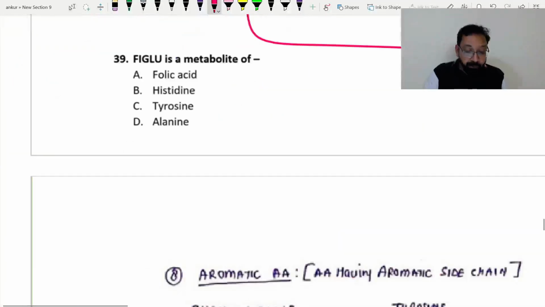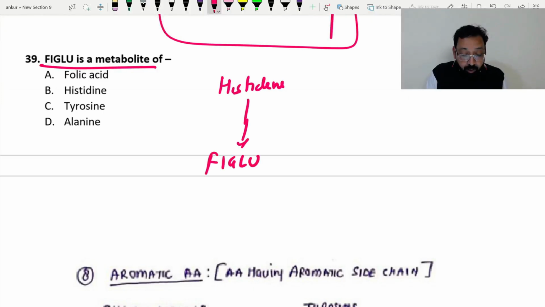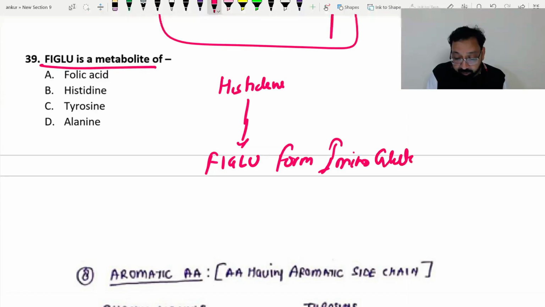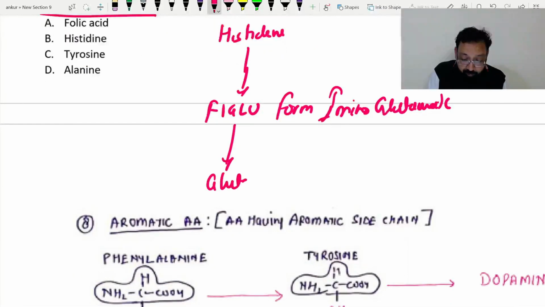FIGLU is a metabolite of histidine. Histidine is metabolized to FIGLU, and FIGLU is converted to glutamate with the help of folic acid, that is, tetrahydrofolate.